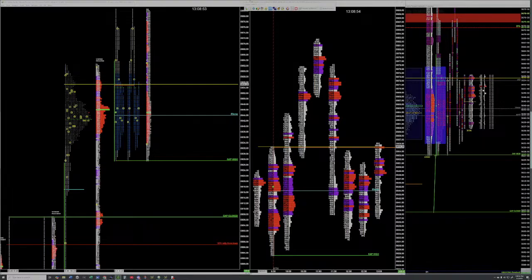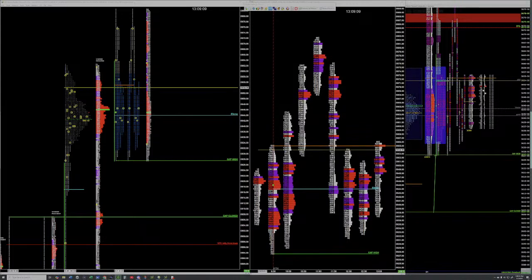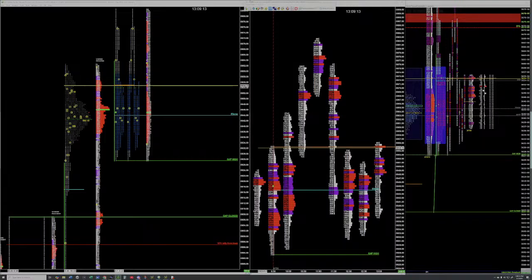Rotational day means that we have actions to the upside, actions to the downside. It's not a hybrid day. It's not a trending day. It's a rotational day. Okay. I hope this helps.